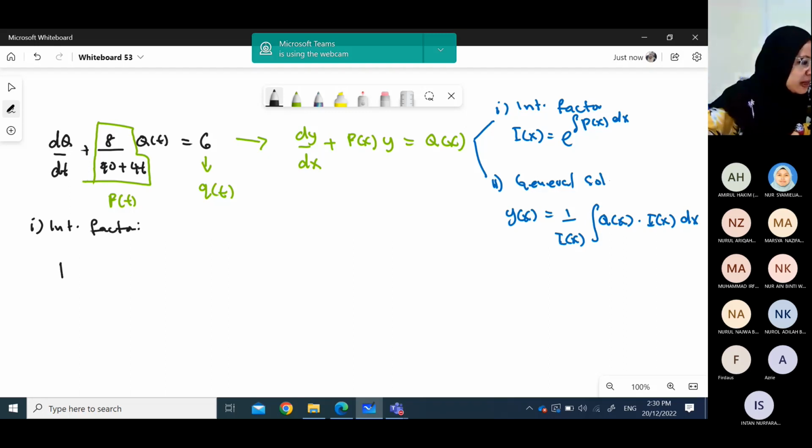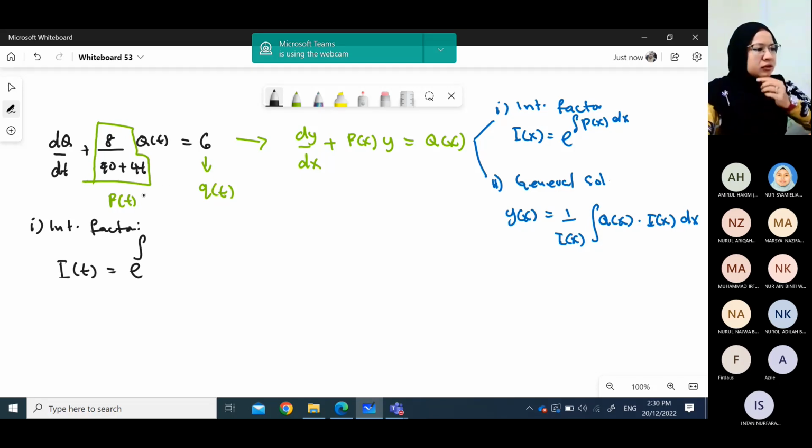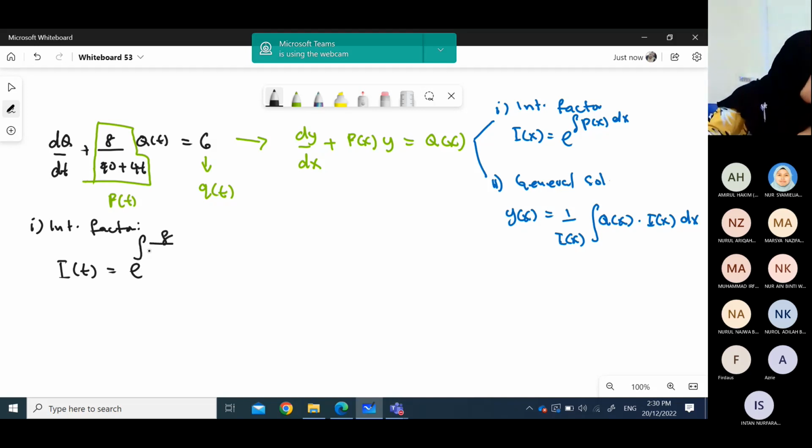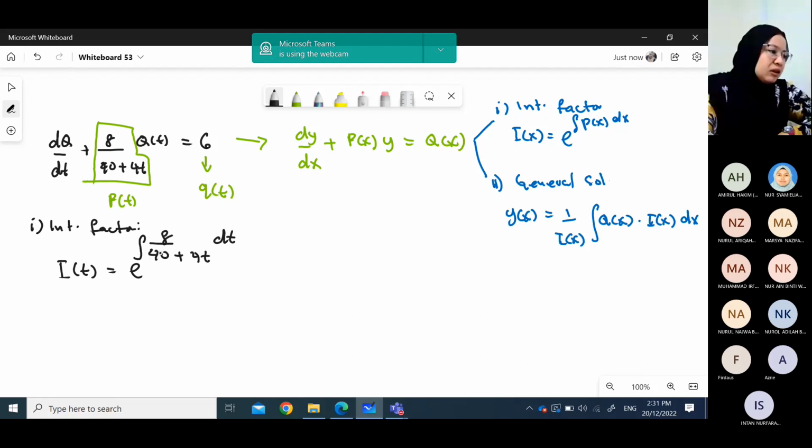This one is I, kita guna t, equivalent with exponent integral of our P of t, which is 8 over 40 plus 4t. Okay, so integrate respect to t. So with this one we can simplify.